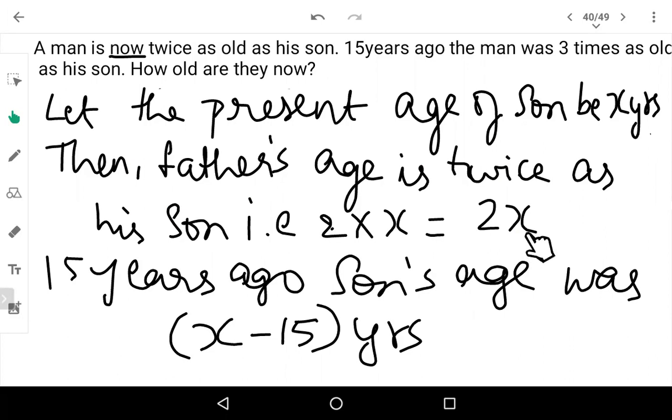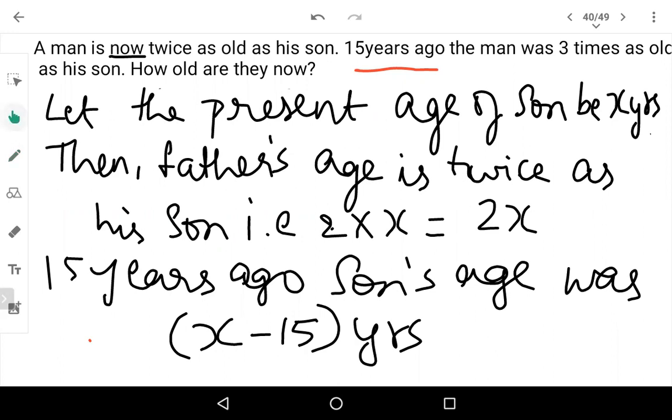So 2x. Now after that, you have the next sentence: 15 years ago, the man was 3 times as old as his son. Here there are two pieces of information. Information number 1 is 15 years ago. So first we have to define their ages 15 years ago. I am defining the age for 15 years ago; don't see the next part.